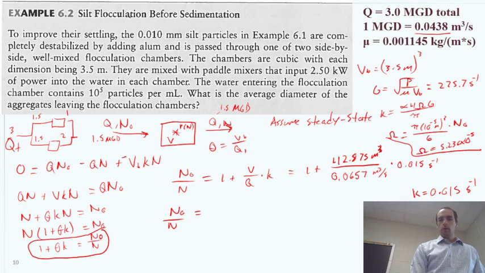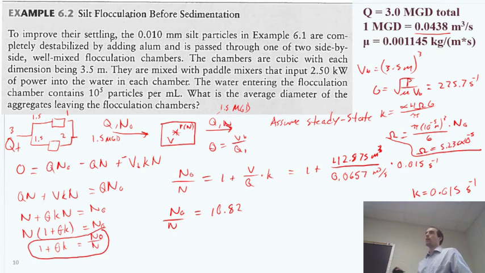We have a number here. Did you get 10.82 or something like that? Thereabouts. Good. So that means we have, on average, 10.8 particles per aggregate.